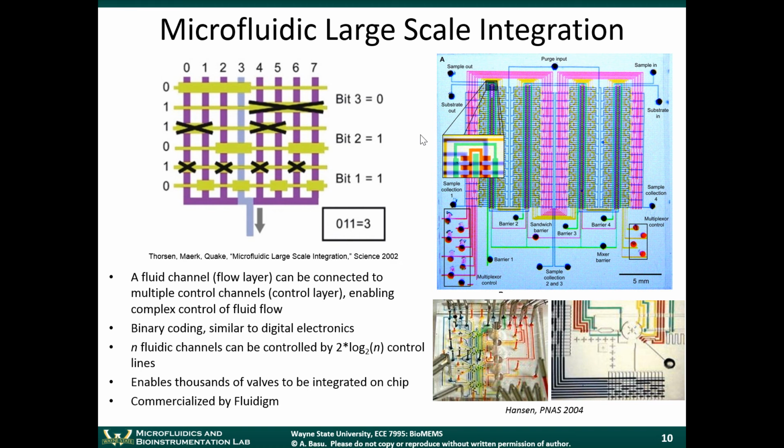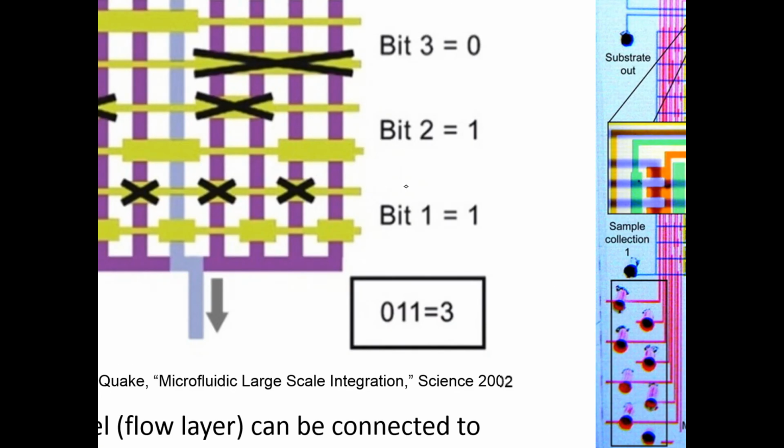And moreover, you can use these valves in a clever way to create some fluid control elements, namely multiplexers. So we already know about how the valves work. So let's look at something called a binary multiplexer.